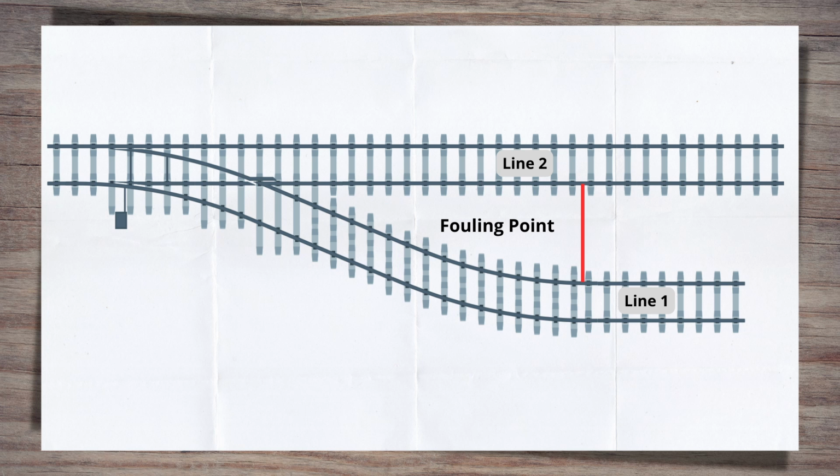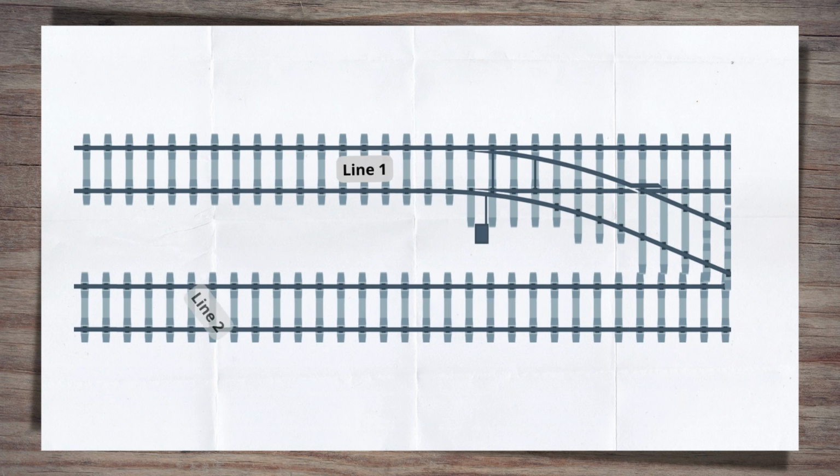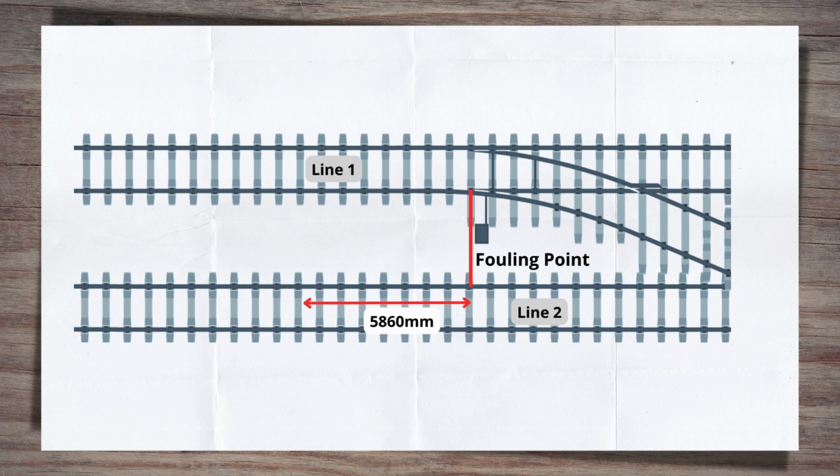The distance for the clearance point is the same, but the line to the clearance point for line 2 is taken as shown. Similarly, on the approach to a junction where the lines are parallel, such as a crossover, the fouling point is taken as the toes of the switch. This is because the toes of the switch is where the path of the train on which an otherwise controlled track interval starts to change as it diverges from line 1 towards line 2.